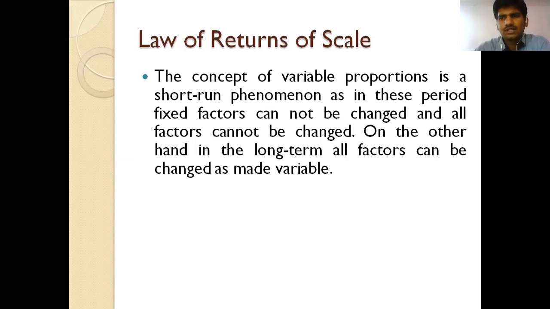So that is fixed. There is no change in it. It is going to be constant. If it is going to change, that's why in this returns to scale we have some immediate changes occurring in the organization. It may be long term or short term.